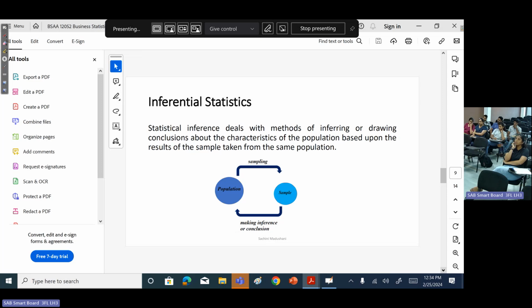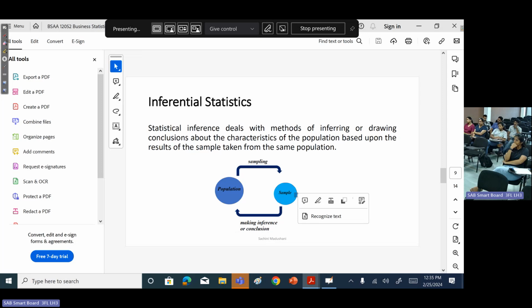In inferential statistics, first you identify the population. Then we take the sample. Understood? This picture shows that from the population, we take the sample, then study the sample. Normally we can study only the sample. Then we collect the data.